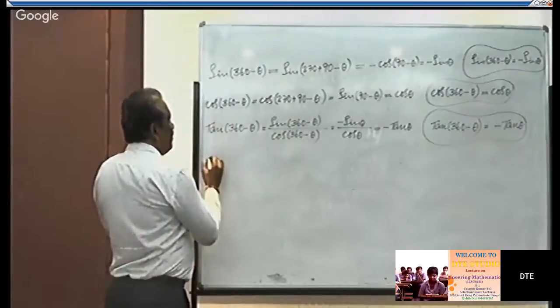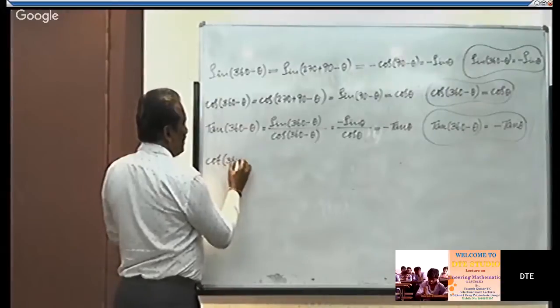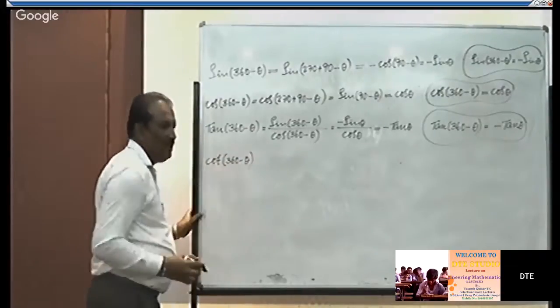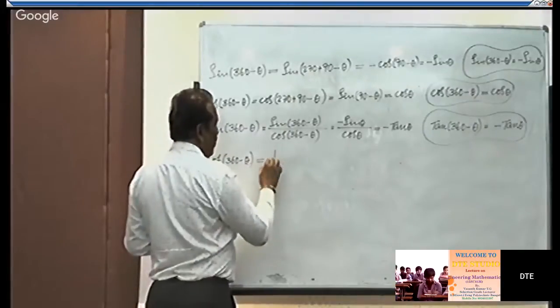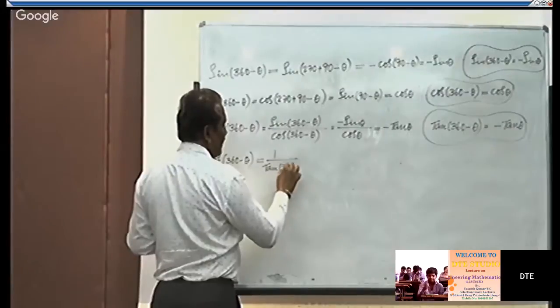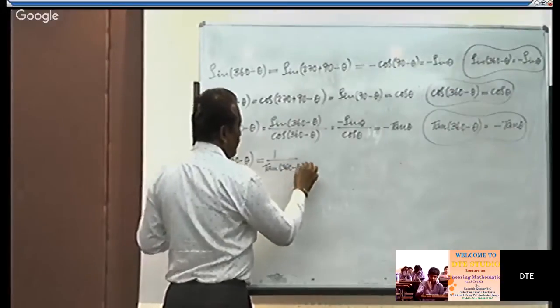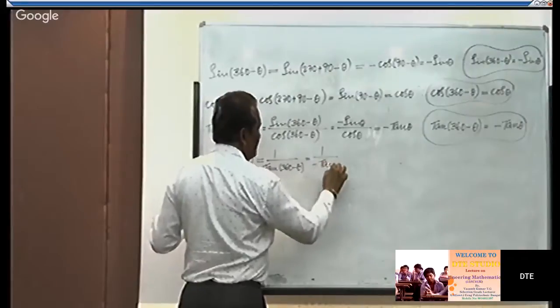Then, cot of 360 minus theta. As we know, cot of an angle is a reciprocal for tan. Therefore, it is 1 by tan of 360 minus theta. We proved tan of 360 minus theta as minus tan theta.